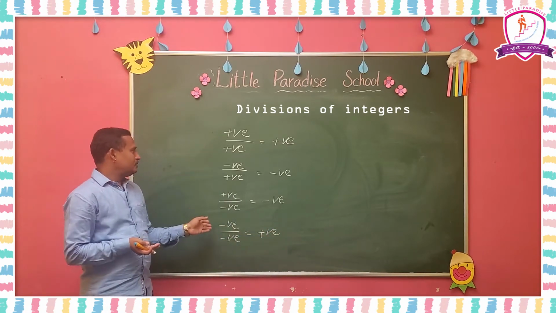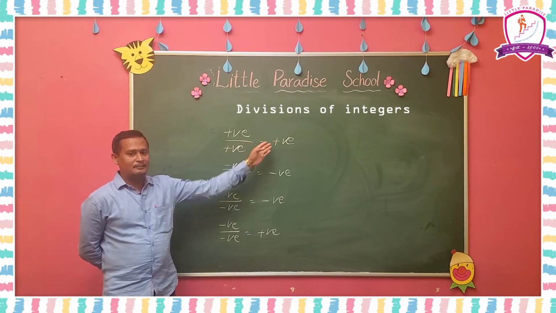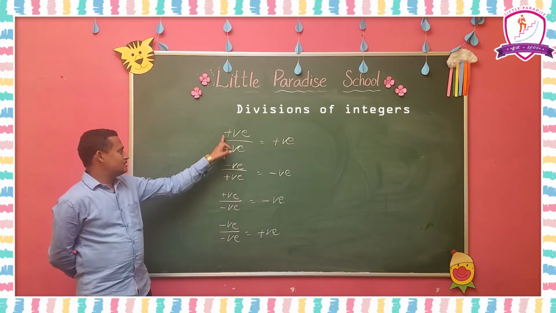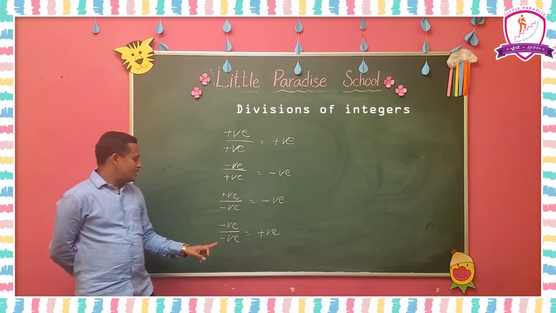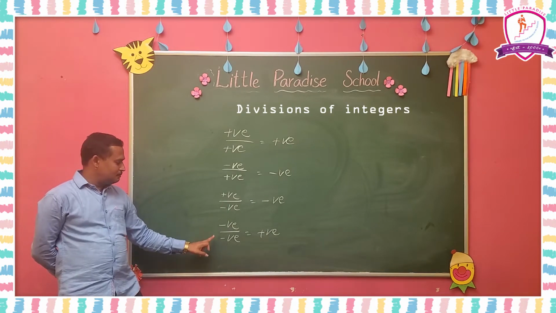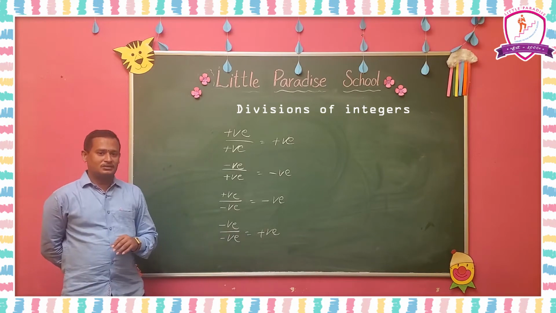What you can observe is that when we divide with the same signs, we get a positive answer. Here plus divided by plus gives a positive answer, and when we divide a negative integer by a negative integer, we get a positive answer only.